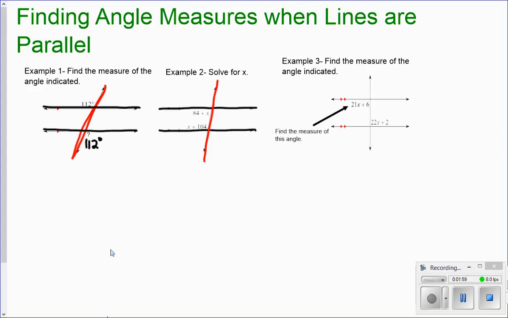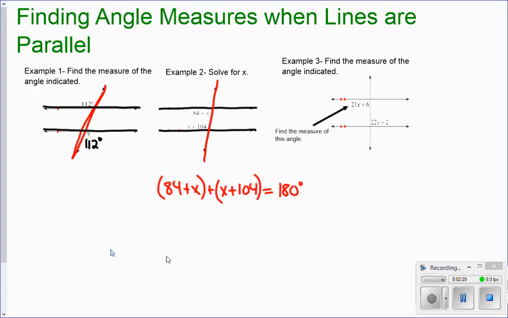So we have same side interior angles. We know when lines are parallel, same side interior angles are supplementary. So supplementary means I'm going to take the measures of both of these angles and add them together, and that sum should be 180 degrees. So I have 84 plus x, which I'm adding to x plus 104. And that sum should be 180 degrees.